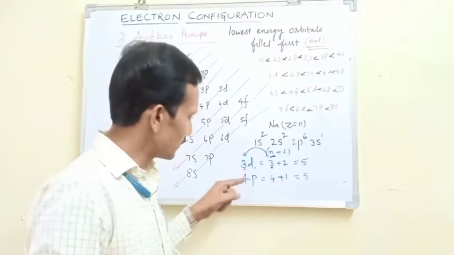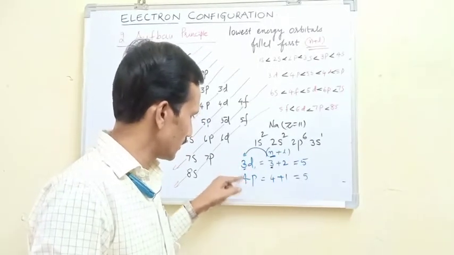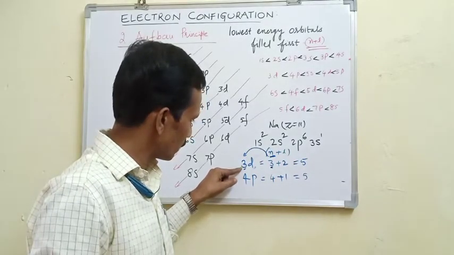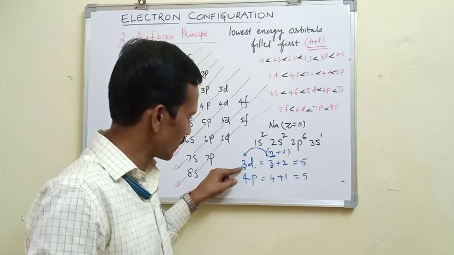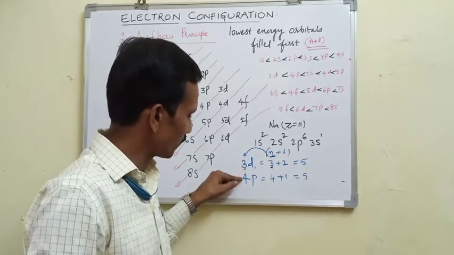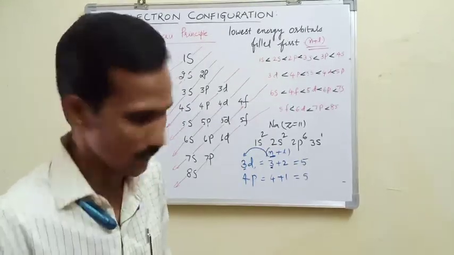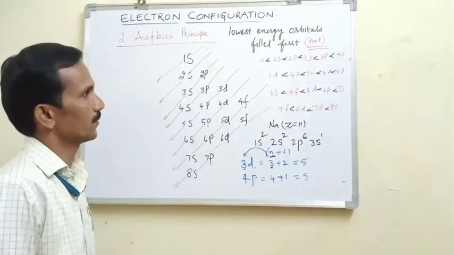Why? In 3d and 4p orbitals, 3d has the lower n value than 4. So the electrons fill in 3d first. Okay, this is the Aufbau principle.